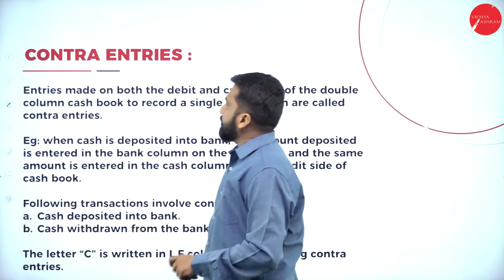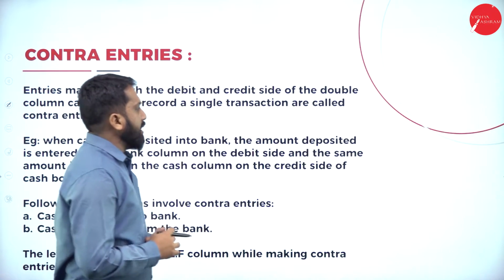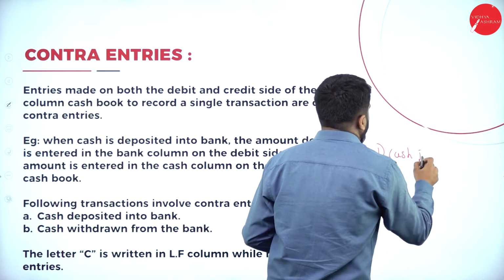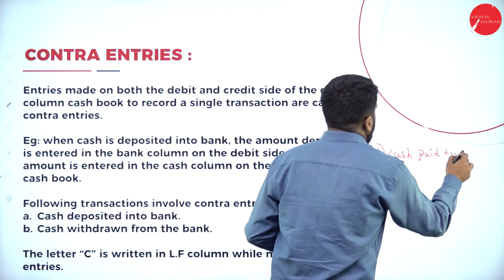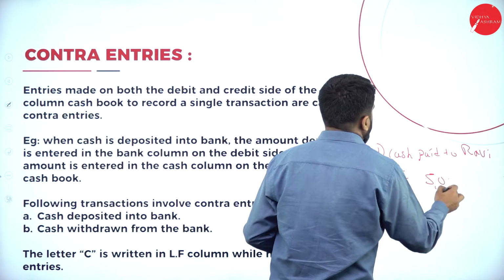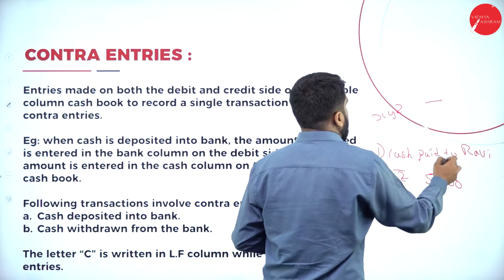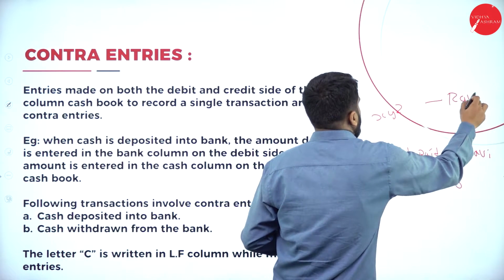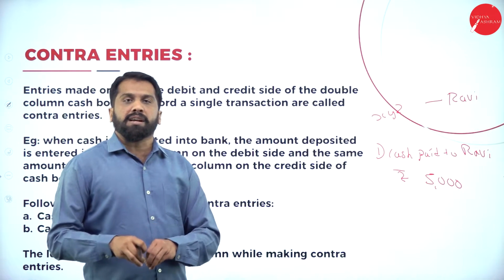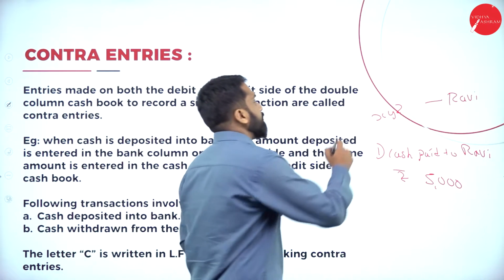Now, what are contra entries? Very simple. Take one case: cash paid to Ravi rupees 5,000. Your name is XYZ and the person who received is Ravi. In your account, you had 5,000.